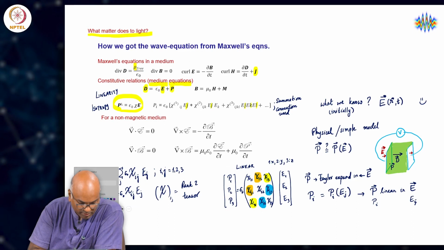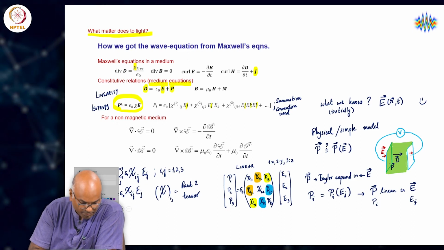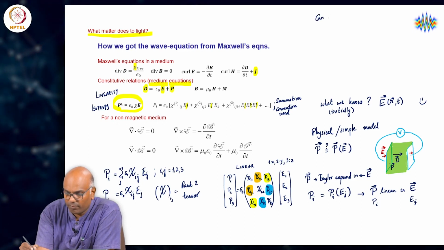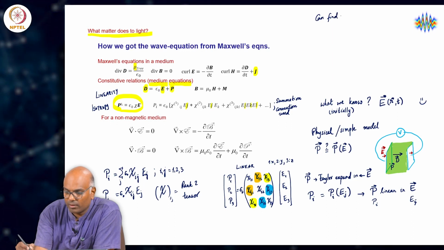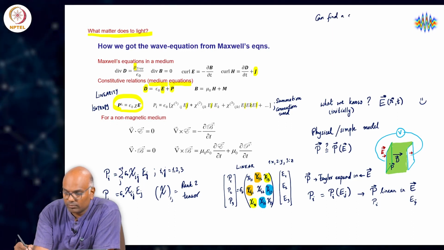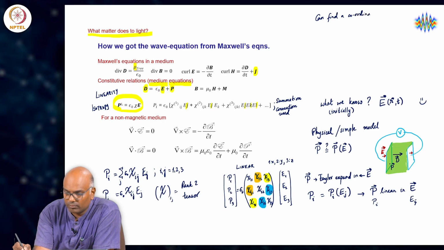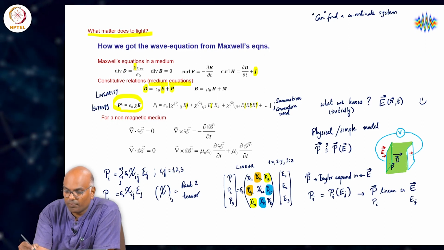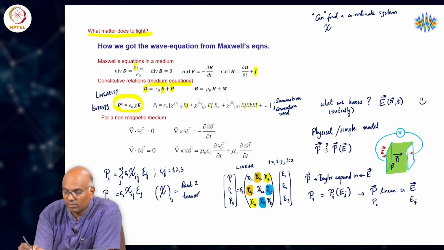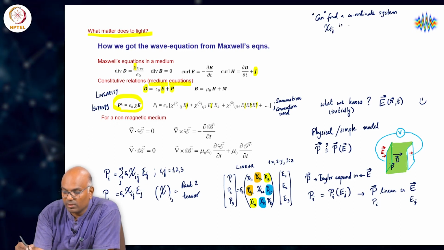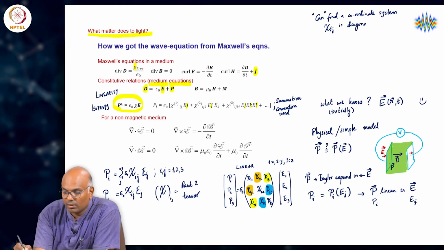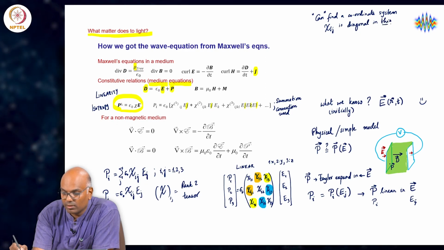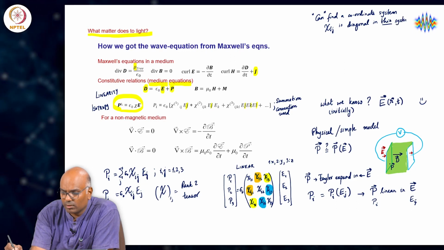I can always find a coordinate system so that chi i j is diagonal in this system.